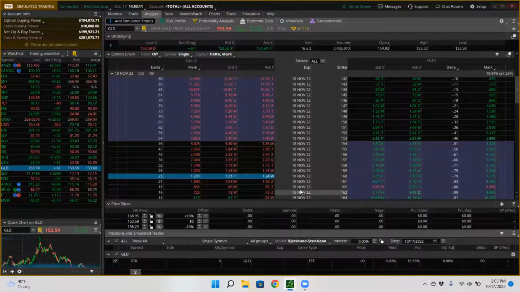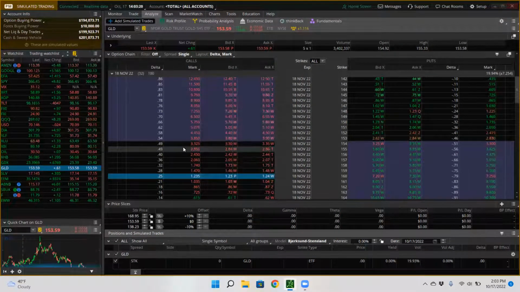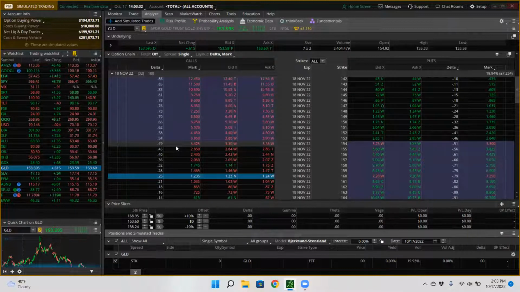Looking at the delta, we can see that this at the money delta is roughly 50, or 0.49. For these deltas, we always just refer to them as a 49 delta, because when we talk about the number of shares in a contract, we have 100 shares.